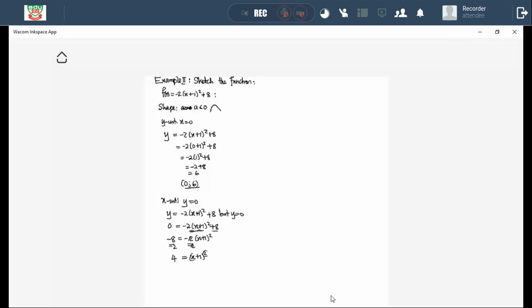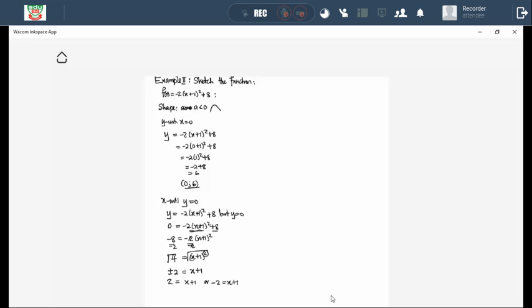There is a square there, and the inverse of a square is the square root, so I square root both sides. This becomes plus or minus 2 equal to x plus 1. I'm going to break this into two expressions: plus 2 equal to x plus 1, or minus 2 equal to x plus 1.